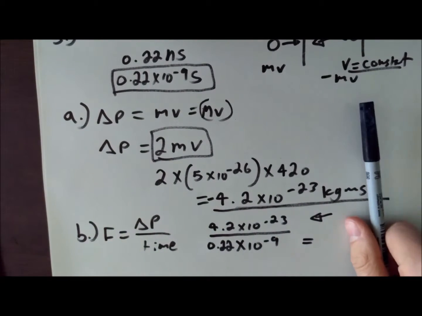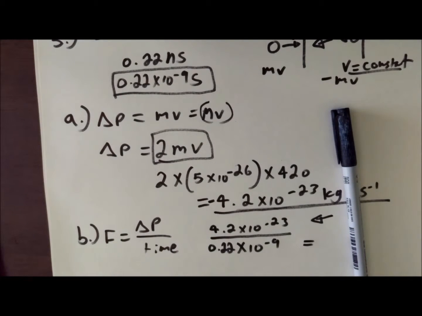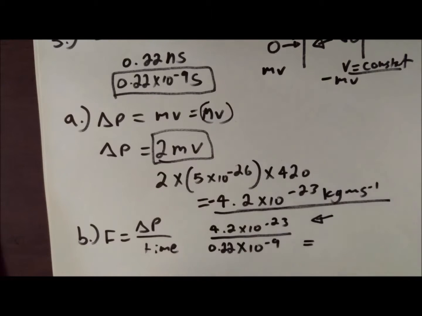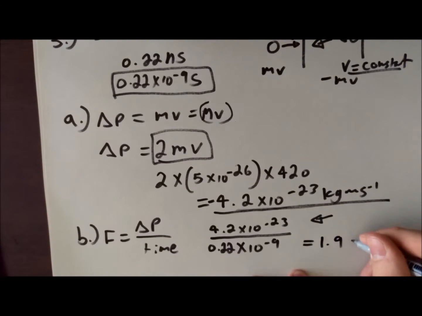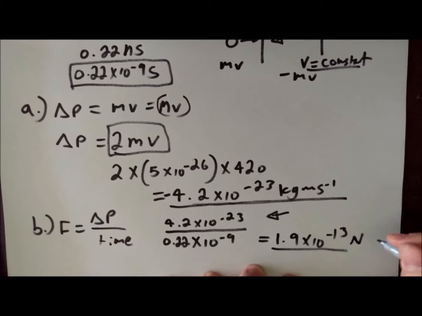And this will give us an answer of 1.9 times 10 to the minus 13 newtons.